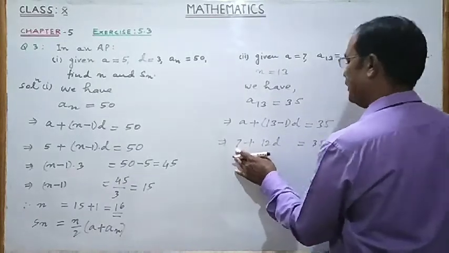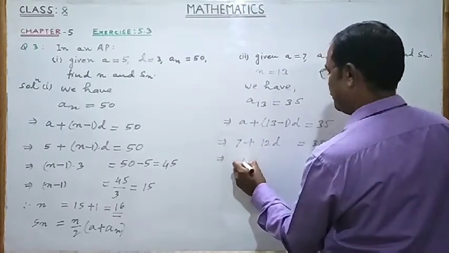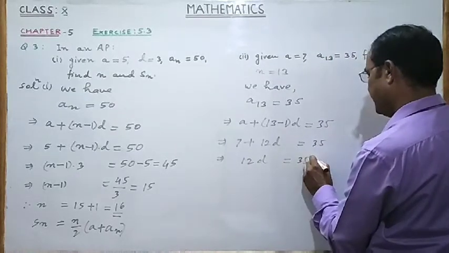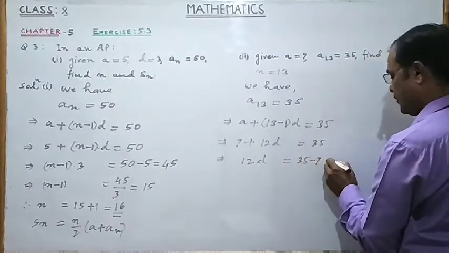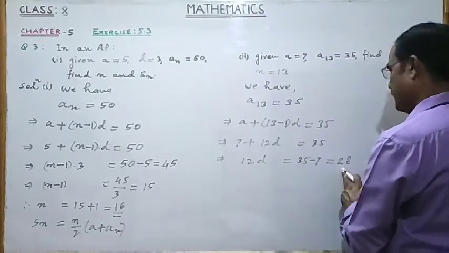Transpose 7 from the left side to the right side. So 12d is equal to 35 minus 7, which is equal to 28. So 12d equal to 28.